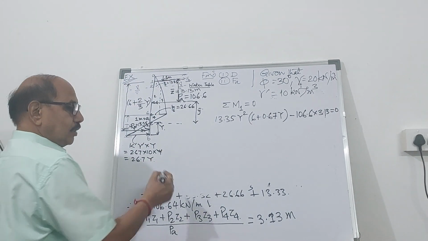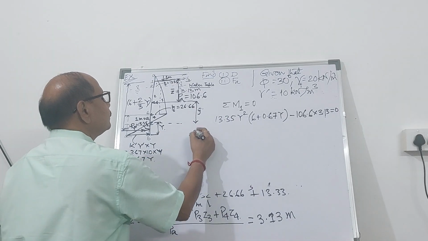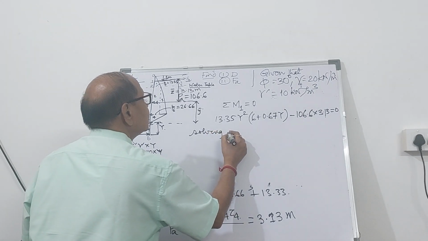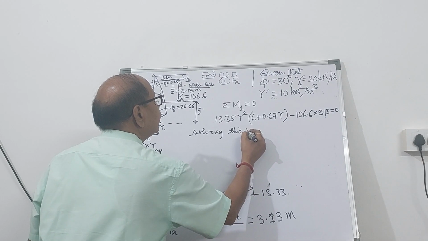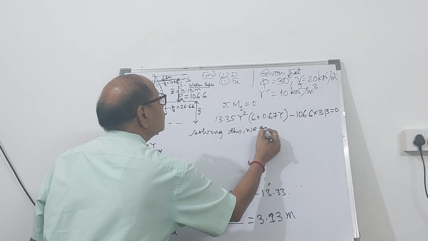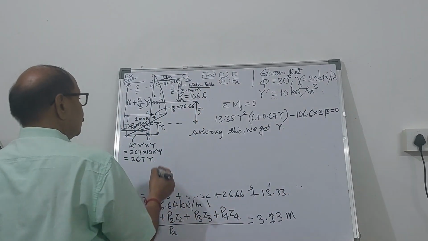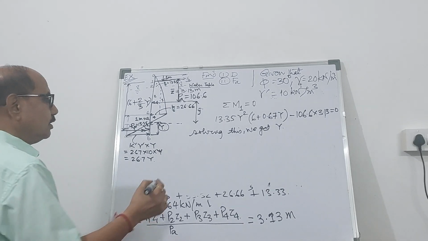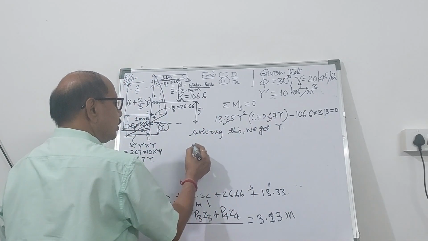And you can easily solve this equation. And solving this, we get y. So this y value, you can calculate it. So if you multiply this, this will be y cube.